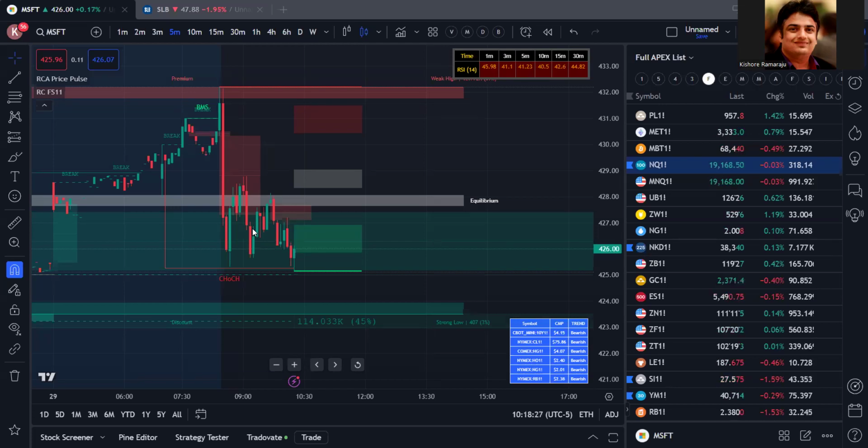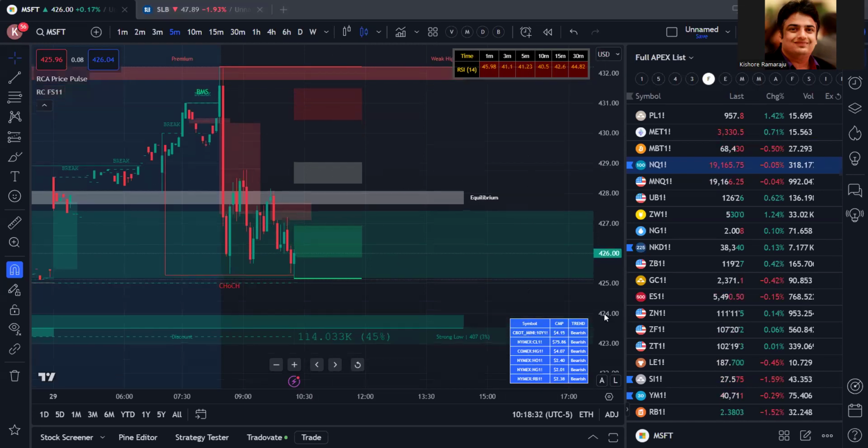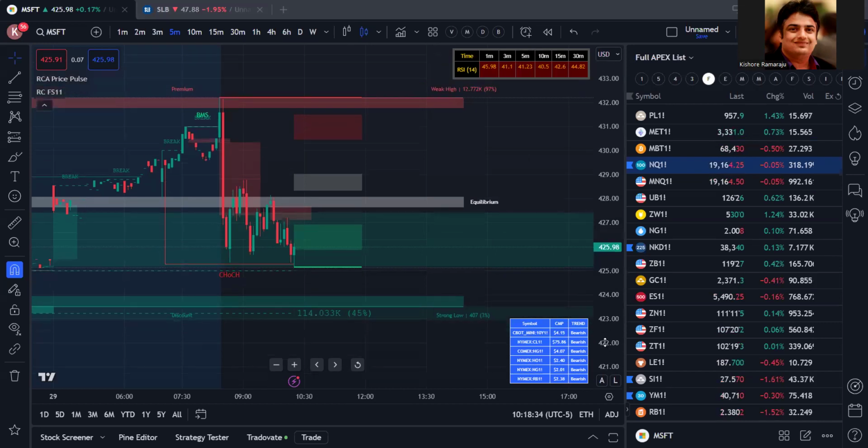So I'm collecting the $250. I'm selling 427.5 puts and I'm buying 422.5 put.